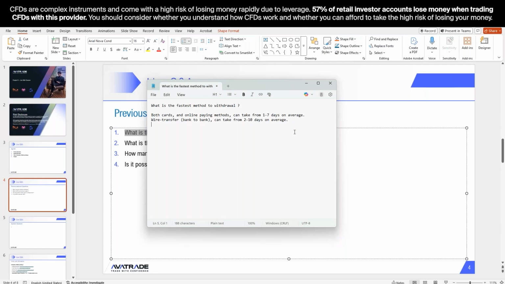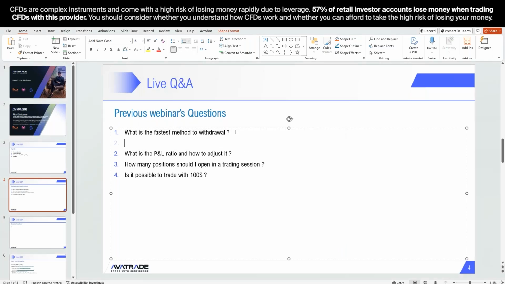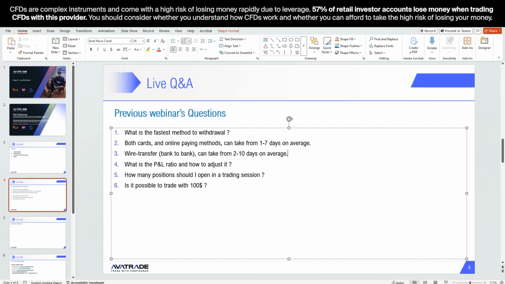That depends on the circumstances, but this is on average. We don't want to commit to anything, but this is the range. Unfortunately, I cannot specify a name or anything specific to tell you what's the fastest, because I haven't made this kind of test. But I'm sure if you guys try it by yourselves, you can get some interesting results.